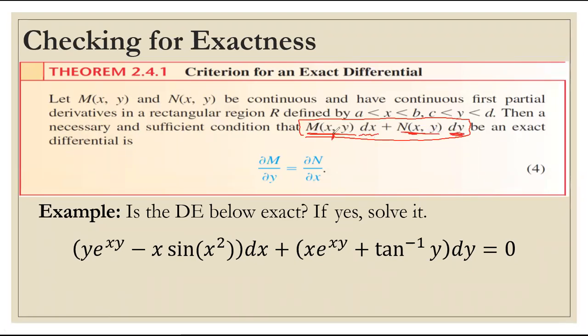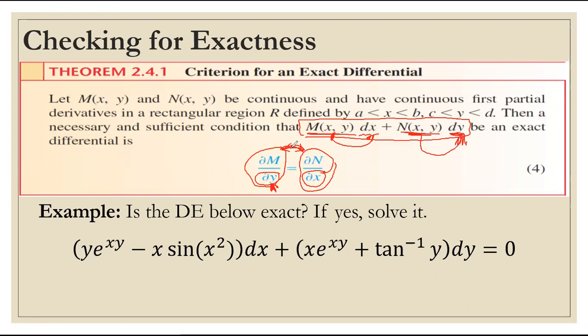Now, take the coefficient of dx and differentiate it with respect to y. And take the coefficient of dy and differentiate it with respect to x. If those two are equal, then you will say it is an exact equation. You didn't solve it till now, but you said it is exact, and there is an f, even if one can't guess it. I can't guess the f, but it is exact.